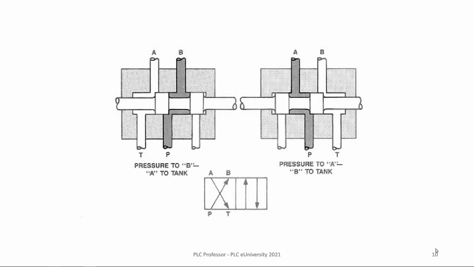How do we move that cylinder? We move it with a solenoid valve. And what you see here are two diagrams, and this is a two-position valve. This could represent hydraulic or pneumatic. As a matter of fact, the T on the symbol is tank or reservoir.